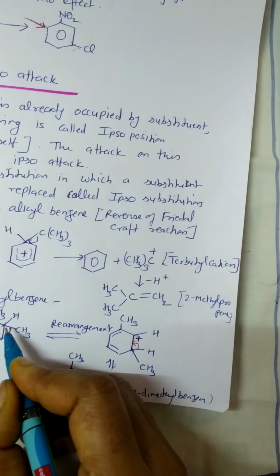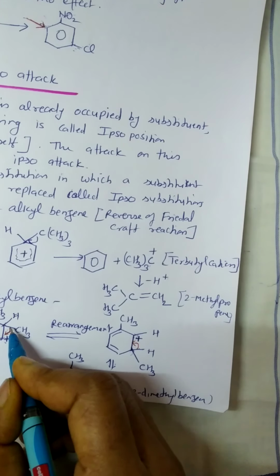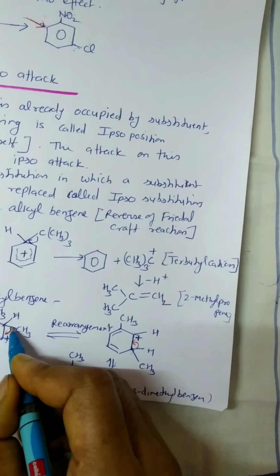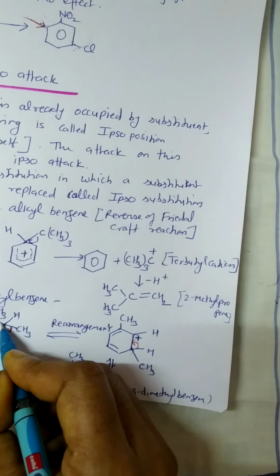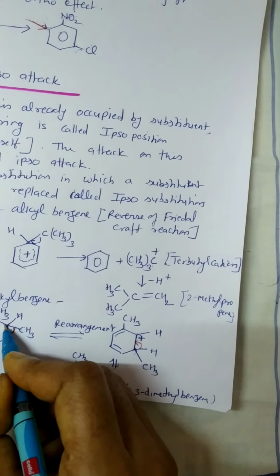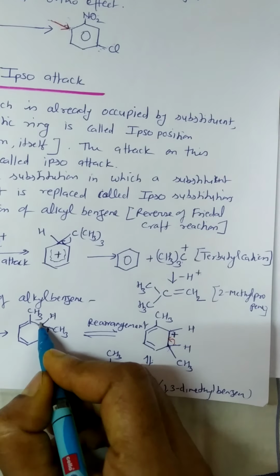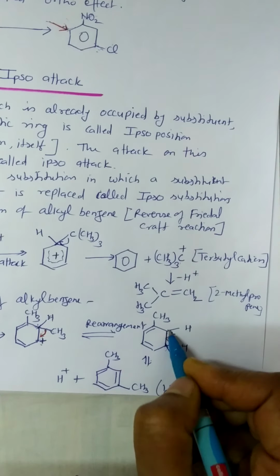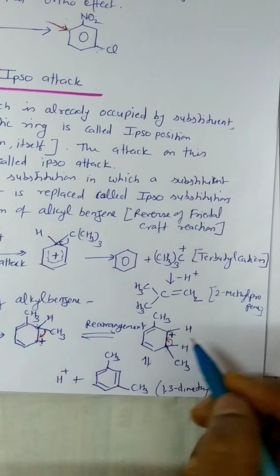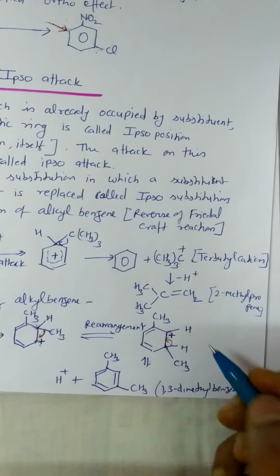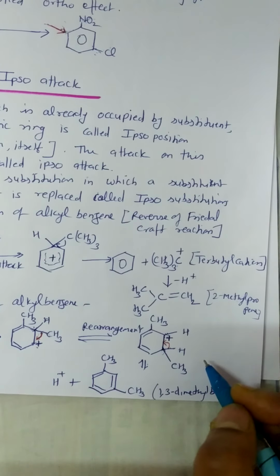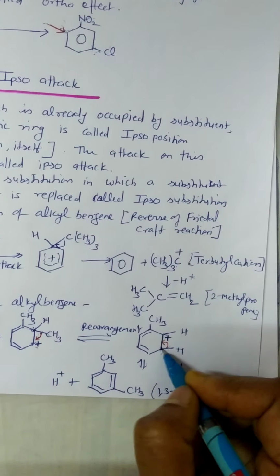And due to movement of this CH3 with its bonding electrons, this carbon atom gets positively charged. In the next step, proton removal takes place from this hydrogen atom.